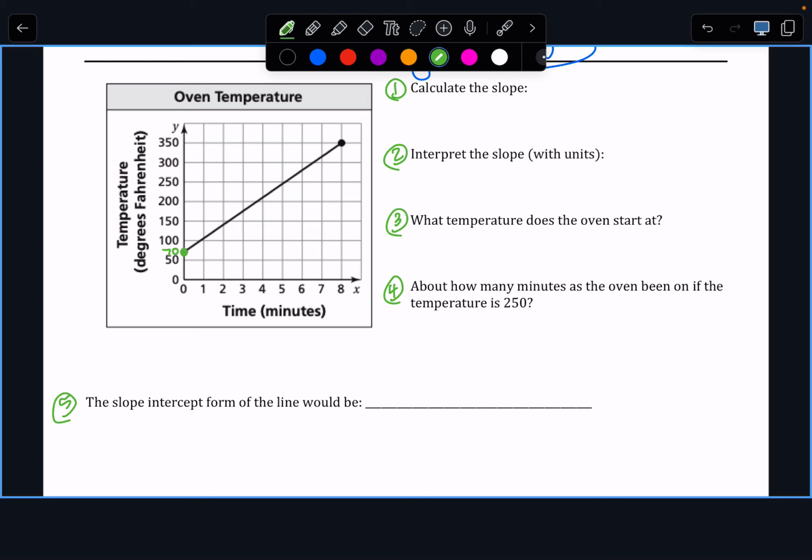We go up to 350 for our rise. So how much is 70 to 350? That's our rise. And then we're running all the way to here. So we rise over run. Figure out your rise, figure out your run. Here's 6, I'm going to come up here to read my graph.